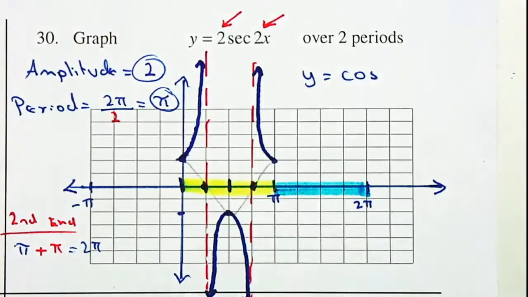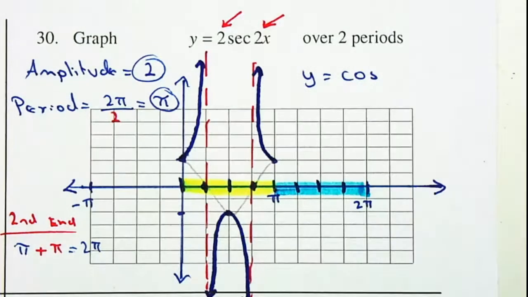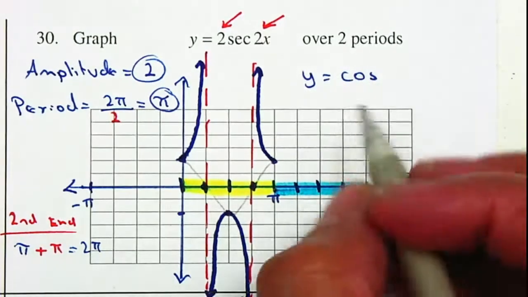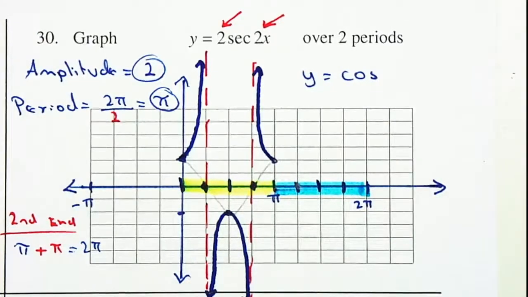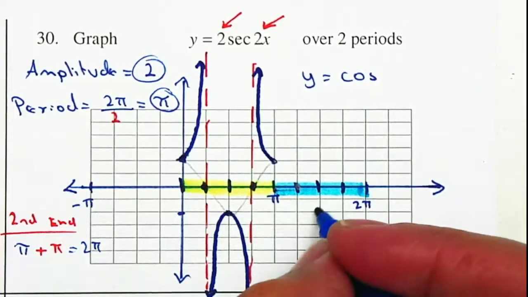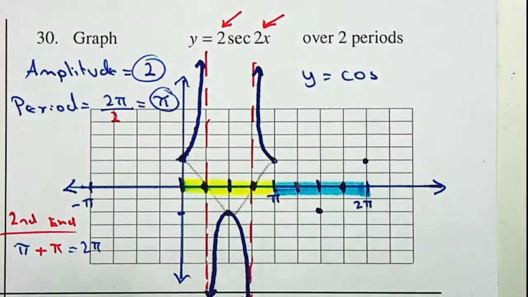And once again, we are going to divide in half, half, half. Remember, we're graphing cosine. So we're going to start at 2, then 0, then down to 2, 0, and up to 2. And this will be my graph of my cosine.